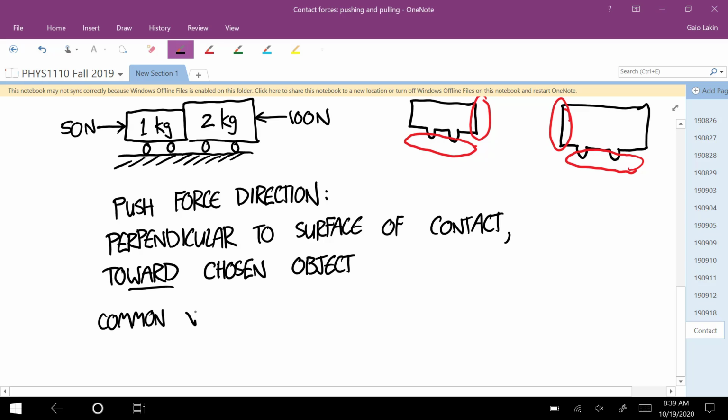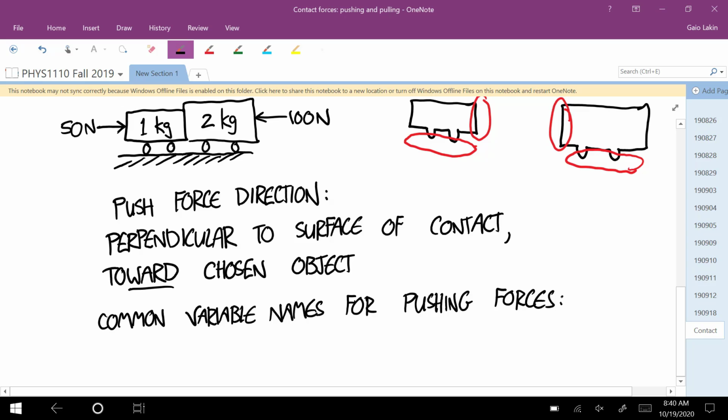So common variable names for pushing forces. One is capital N. That stands for normal. So a lot of times these pushing forces are called normal forces.